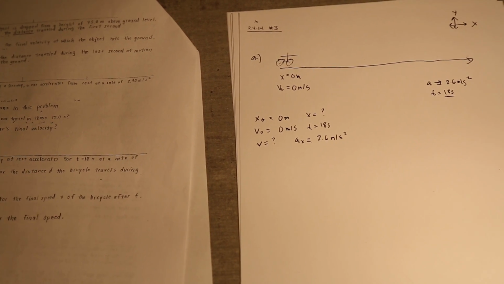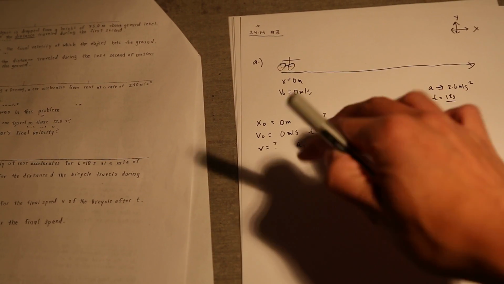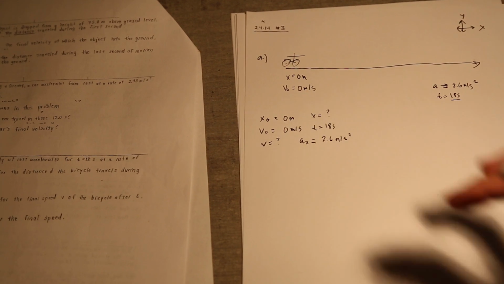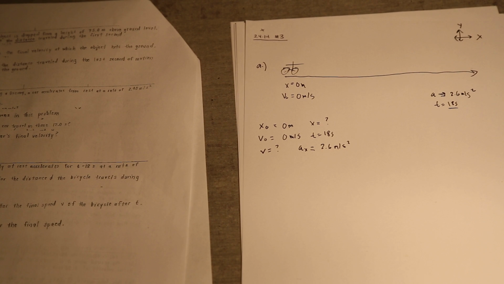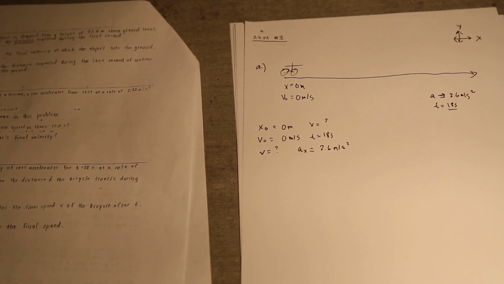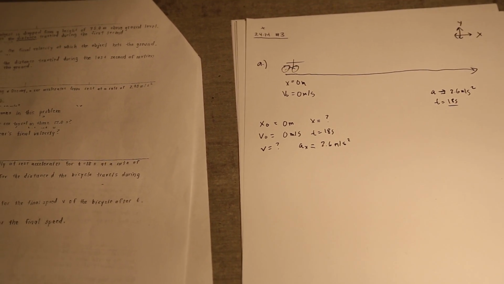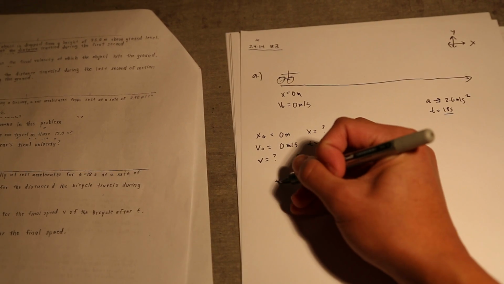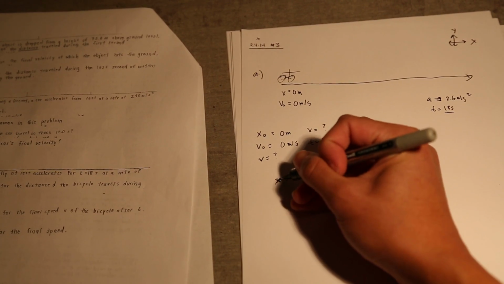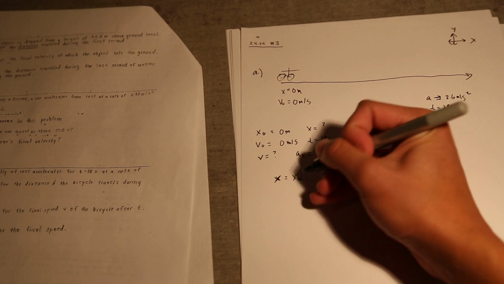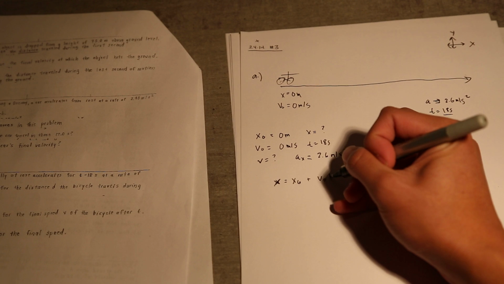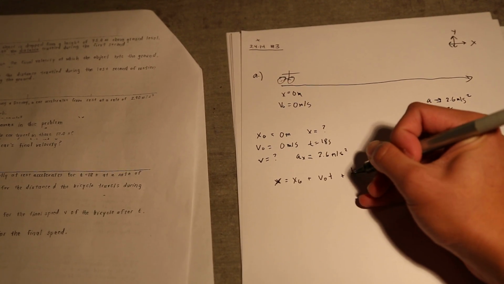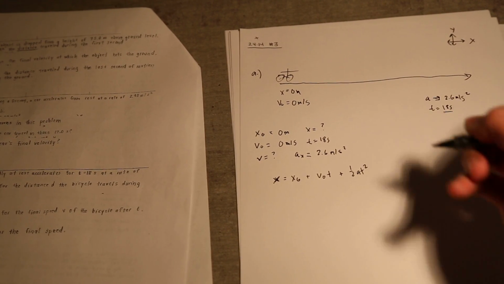All right. So now we have two unknown variables, so we can use one of our infamous kinematics equations in one dimension. The one I'm going to be using is x equals x naught plus v naught t plus 1/2 at squared.